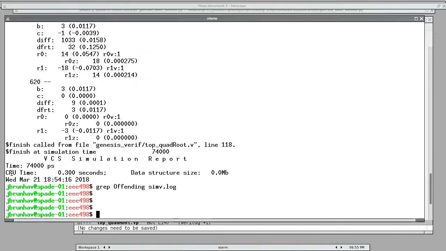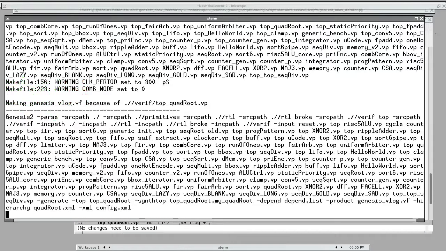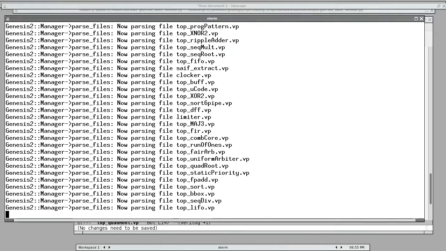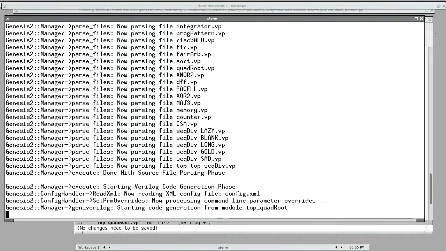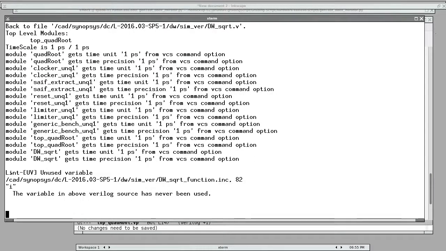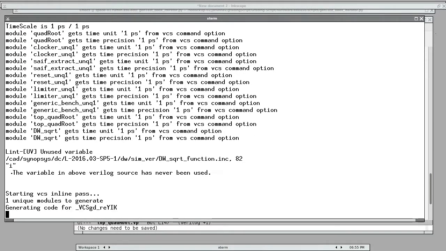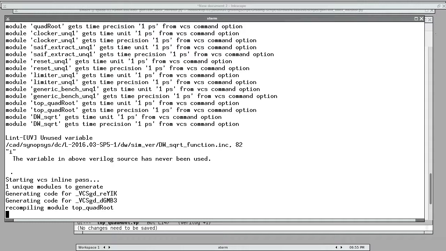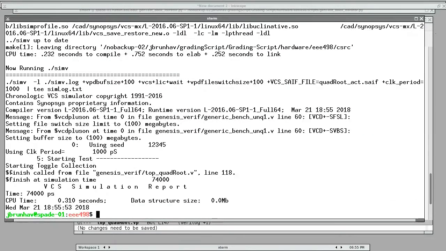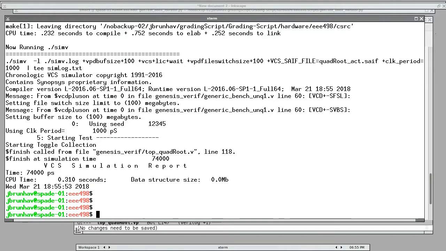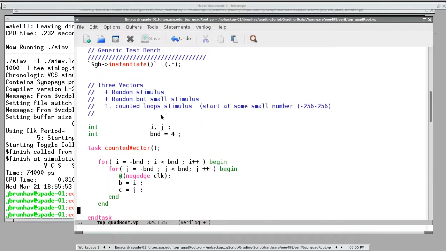Maybe it'll get mad at us for having a pointless always at pause edge block, but technically we're doing something. I doubt the tool is smart enough to print stuff like that out, because that would be an example of bad coding style. All right, so it looks like we're passing that test so far.